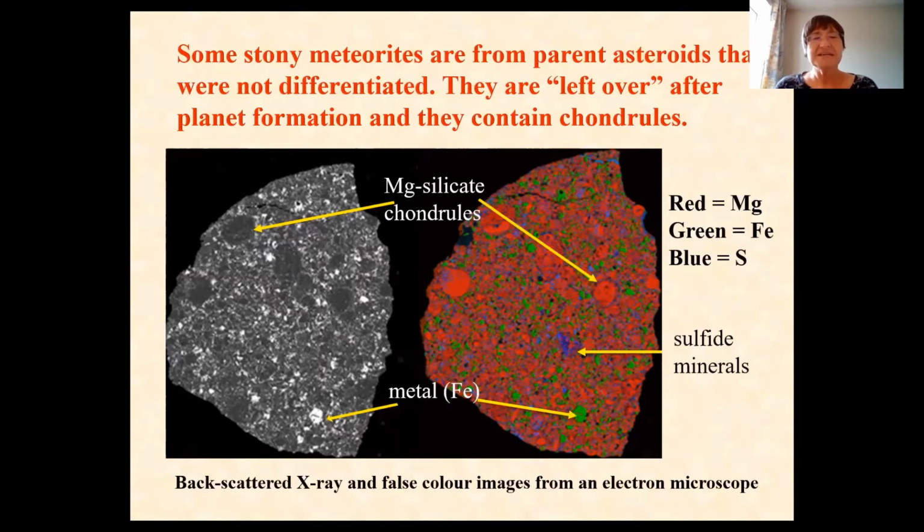On the right is what we call a false color image, where we look at the X-rays that come off this meteorite when we bombard it with electrons, and we see that the X-rays for the element magnesium we color in red, and for the element iron we color in green, and for the element sulfur, in this case, we colored in blue. And you can immediately see that there's a bit of iron here because it's bright green, and you can see these magnesium chondrules are bright red, so they're full of magnesium, and the blue is sulfide mineral.